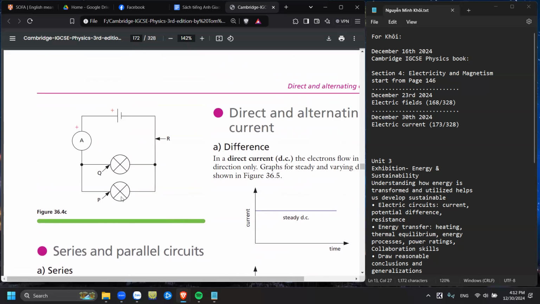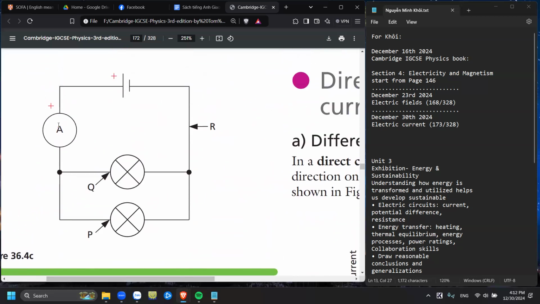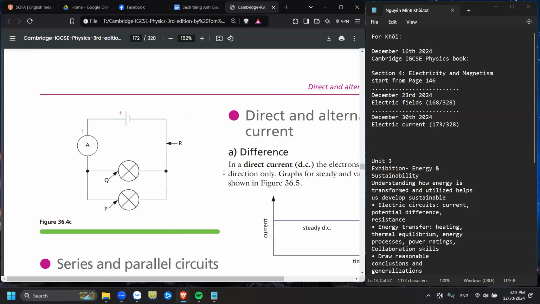Like for example here, the current through this light bulb plus the current through this light bulb has to be equal to the current entering it here or the current leaving, right? Is it understandable? Yes or no?